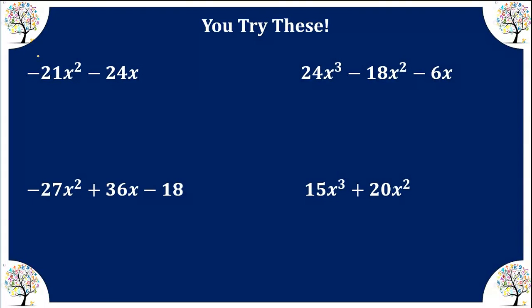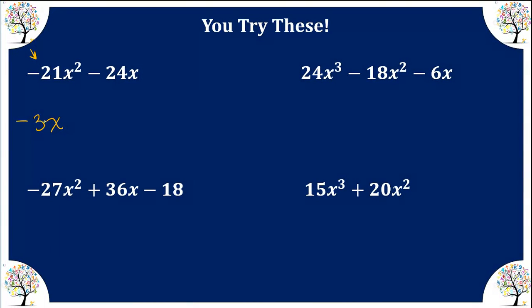Okay, in our first example, I noticed that the leading coefficient is negative. We always need to factor out a negative if the leading coefficient is negative. So I'm going to factor out a negative, and then I notice that 3 can divide into 21 and 24, and each term has a factor of x.